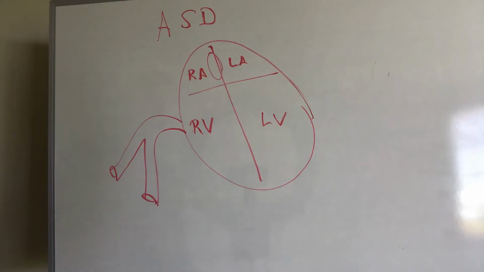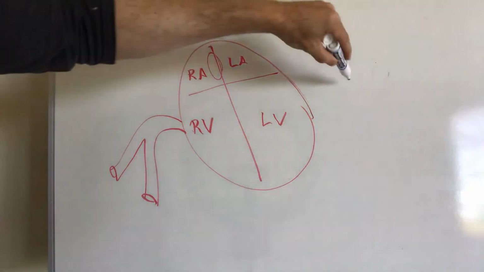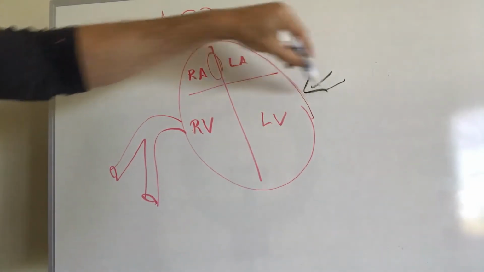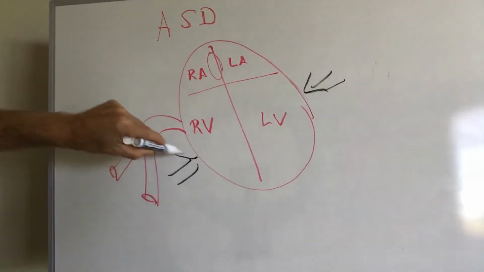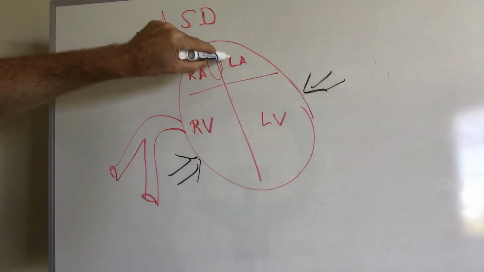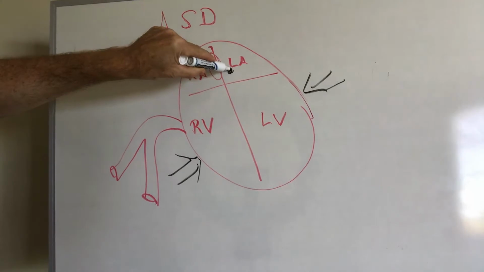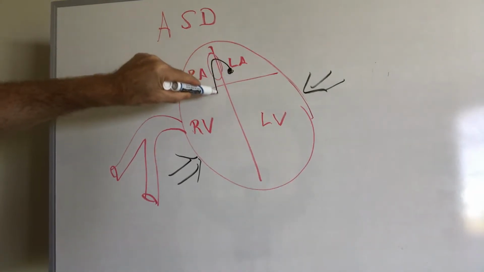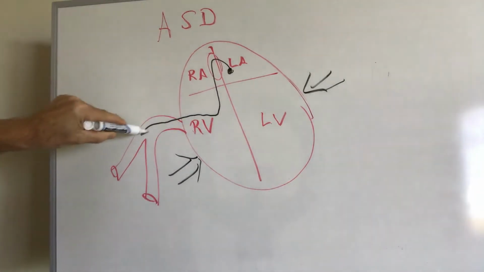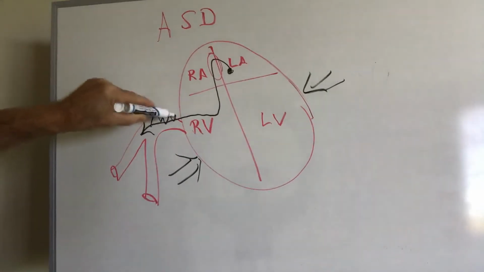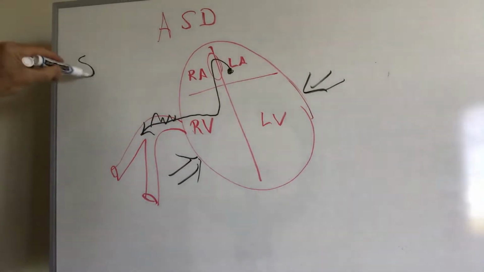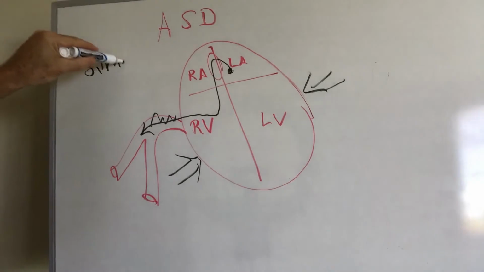Atrial septal defect is a defect in the septum between the left and right atria. So when the heart constricts, the left atrium is a little bit stronger and forces extra blood from the left atrium through the right atrium, down through the tricuspid valve, into the right ventricle, and out through the pulmonic valve.